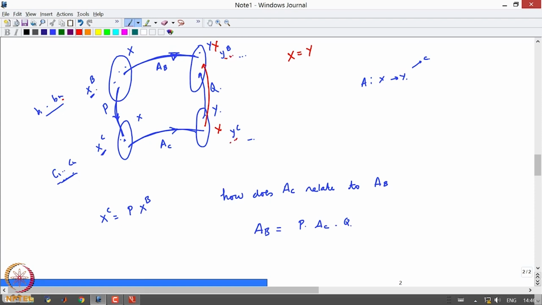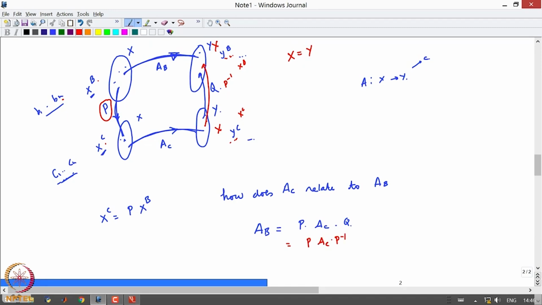So, if I can go from xb to xc via this matrix P, then I am going again, yc, everything is now X, right. I can go from here till here via P inverse, and therefore, I can write this as P AC P inverse.